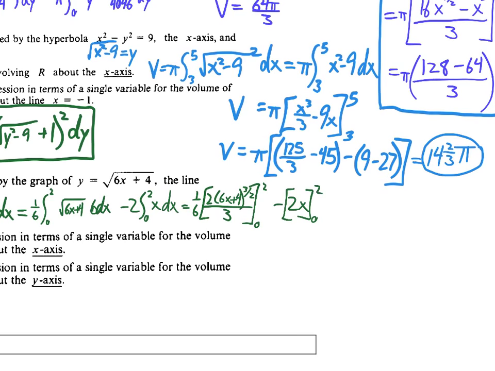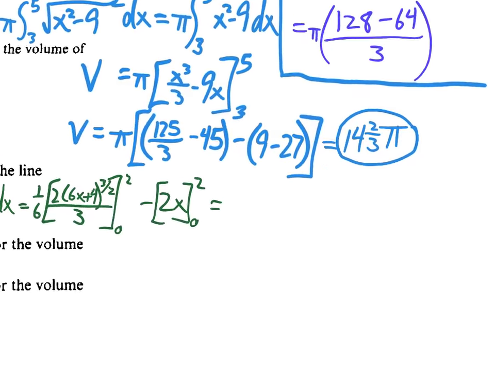Okay, so let's keep going here. We've got 1/6 times, if I plug in a 2, I get 16 to the 3/2. Well, that's the square root of 16, which is 4 cubed, so that's 64 times 2/3.